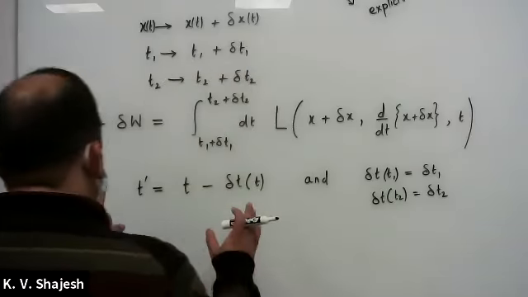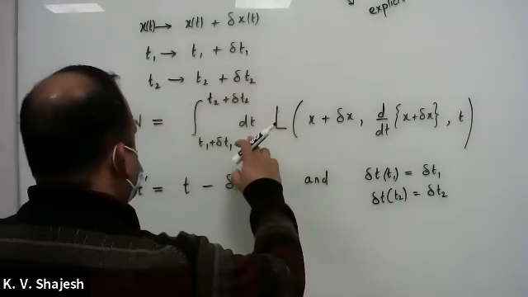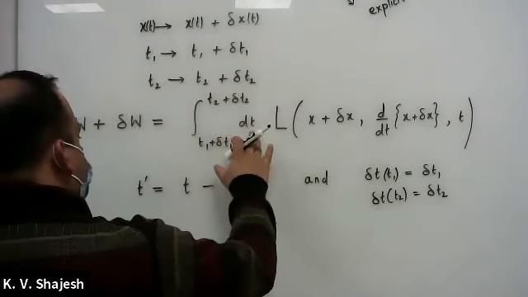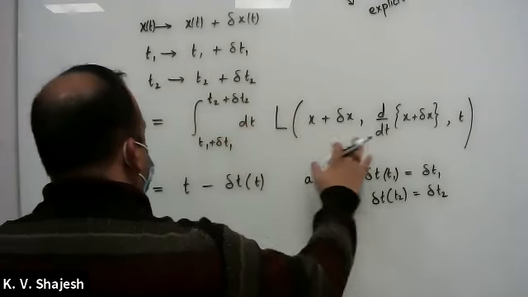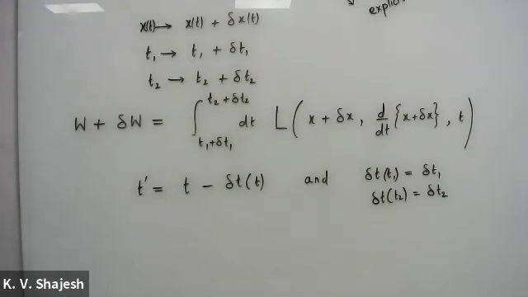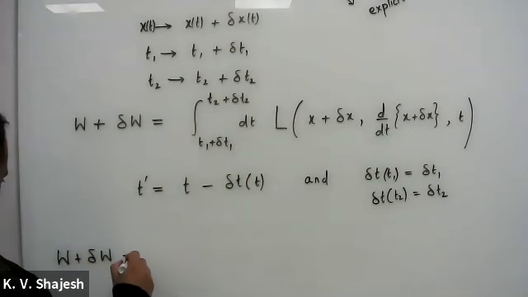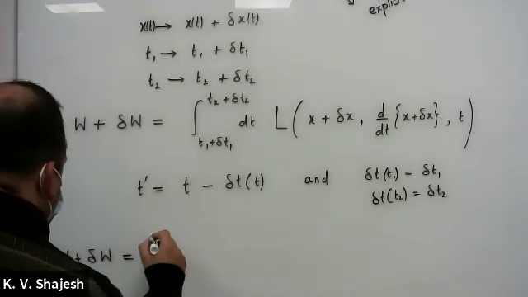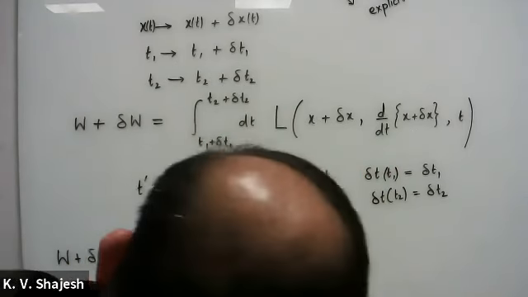So the idea is, if this is the substitution, put it back in there and rewrite the whole Lagrangian in terms of t prime instead of t. So we have W plus change in action, right, is equal to, what are the limits? Let me actually go slowly, right?